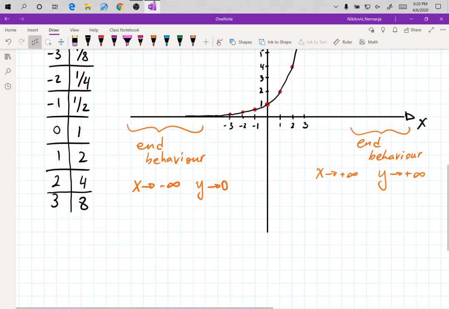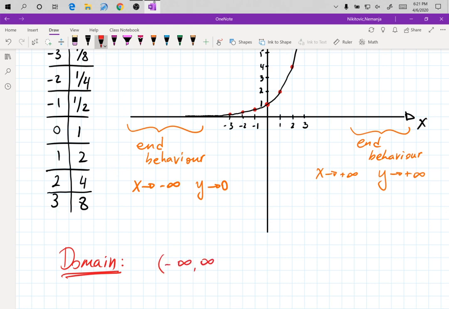Now what I want to do is take a look at all other aspects of this. So what is my domain, right? We are always concerned with domain in pre-calculus, and since domain is all x values that you are allowed to plug in, you're allowed to plug in anything, right? There are no vertical asymptotes anywhere. There are no interruptions. So domain is negative infinity to positive infinity, because we are allowed to plug in any x value into this.